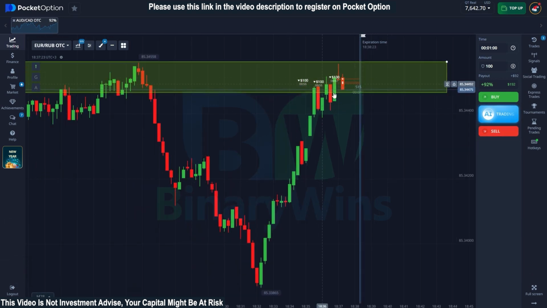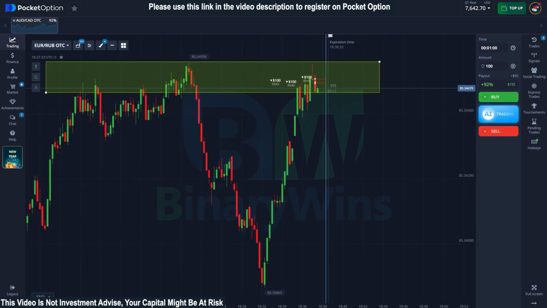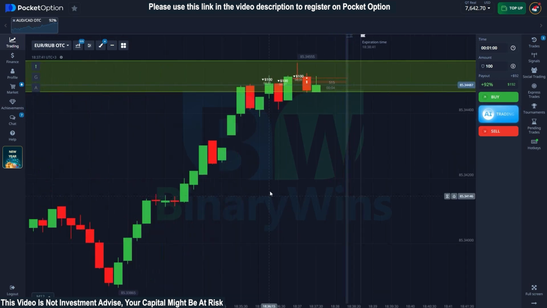Very well, I entered 3 lower trades. If you look, the red candle, there have been trend reversals before. In the past, we can see a trend reversal relative to this range. That's why I entered the lower trades.